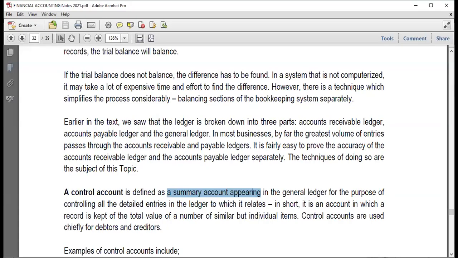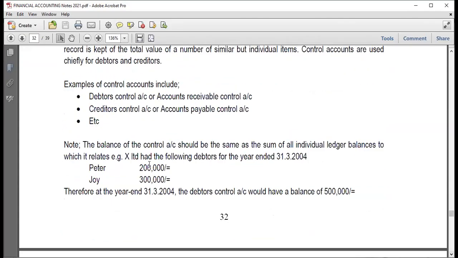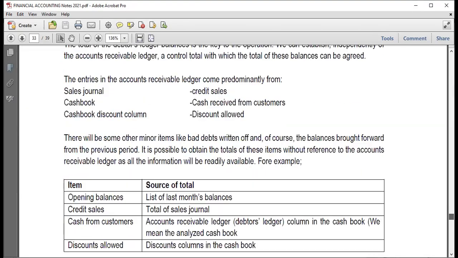And they even gave us an example where the ledger accounts include Peter and Joy, and the control account would have the 500,000. So that would not affect our control account. So that is the other transaction, and we shall now move to the next one.